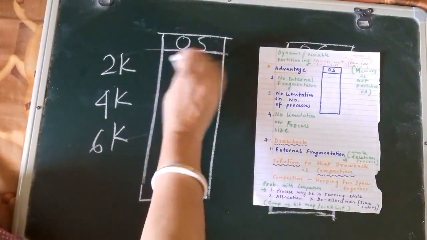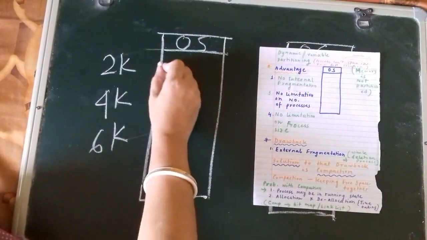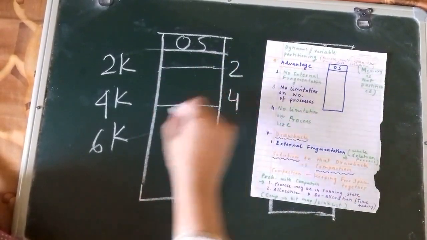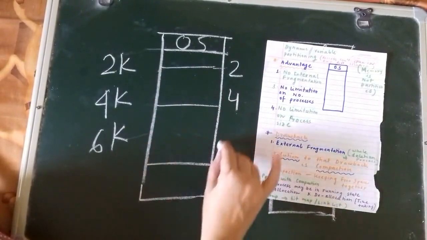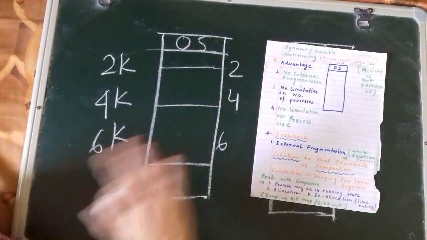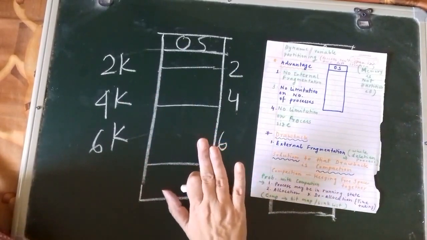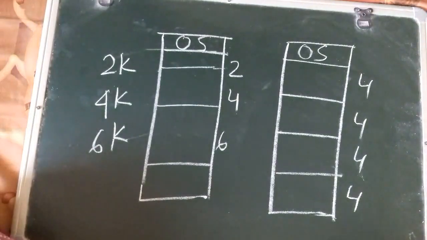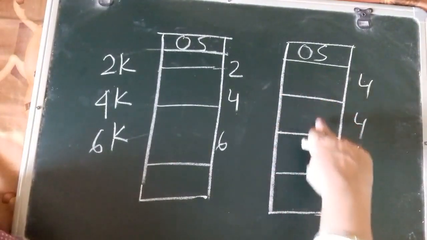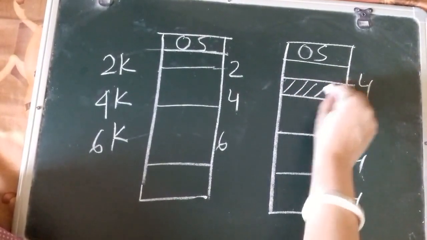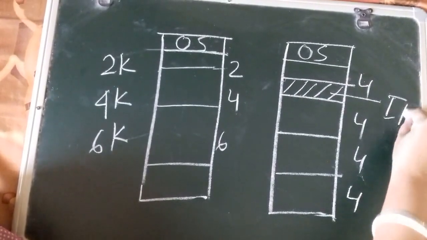Now when a 2k process comes, there is no partition, so you can accommodate 2k. Then when 4k comes, you can accommodate 4k. When 6k comes, you can accommodate 6k. So there is no partitioning and no internal fragmentation. Hope it is clear. But I will also compare it with fixed partitioning. Partitions are already there, so a 2k process will take this space, and the remainder will be treated as internal fragmentation.